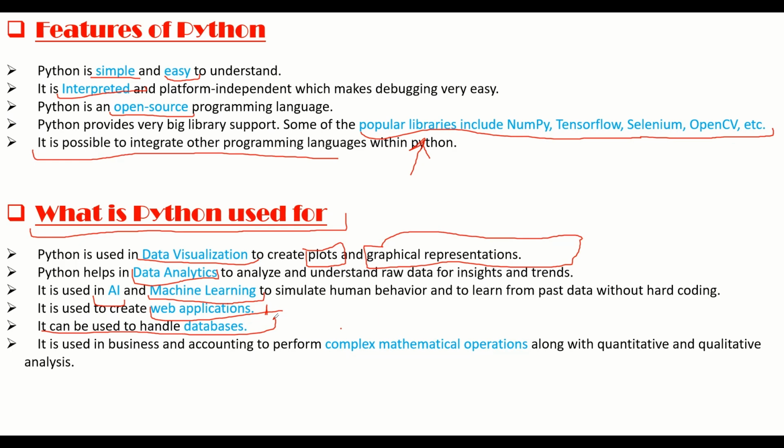So guys, relational databases means the data which is in the form of tables. For example, Excel sheets, the data on the Excel sheets and the data in SQL files. These data are in the form of tables.